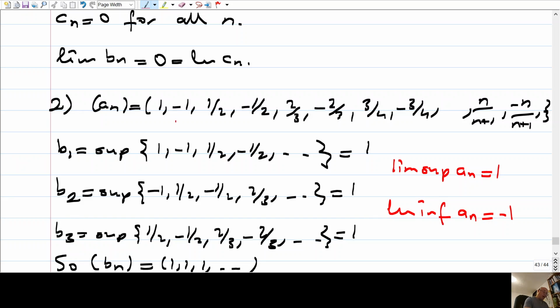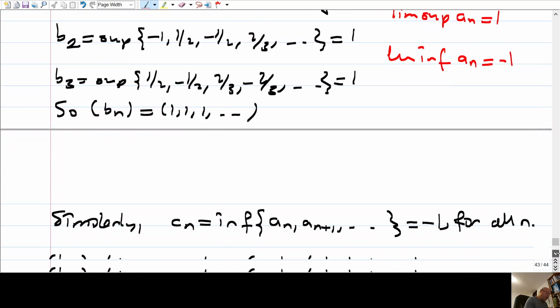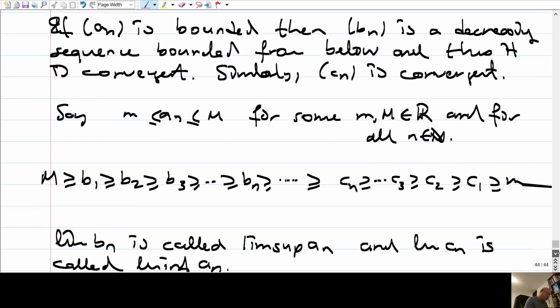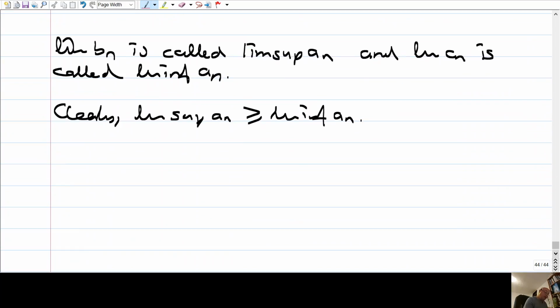And in this case, our sequence is not convergent either. It has a subsequence converging to 1, and a subsequence converging to -1. If it were convergent, then all the subsequences would converge to the same limit, the limit of the sequence an.